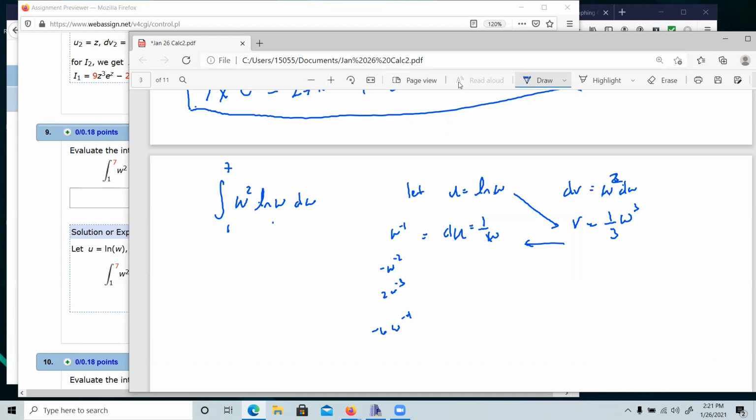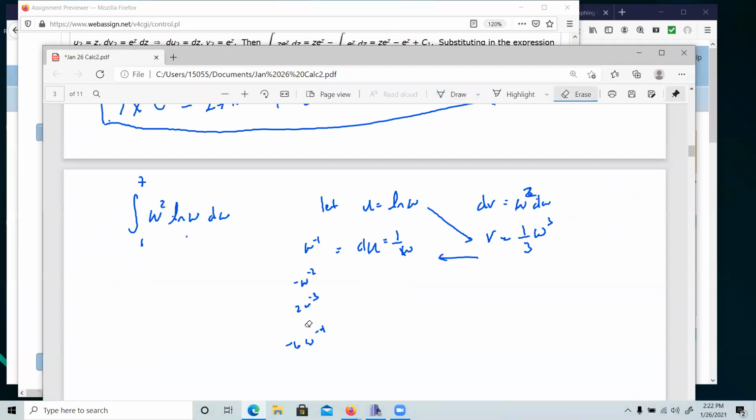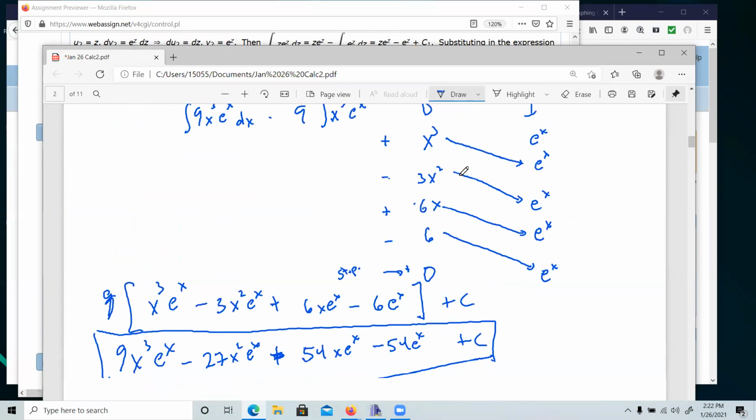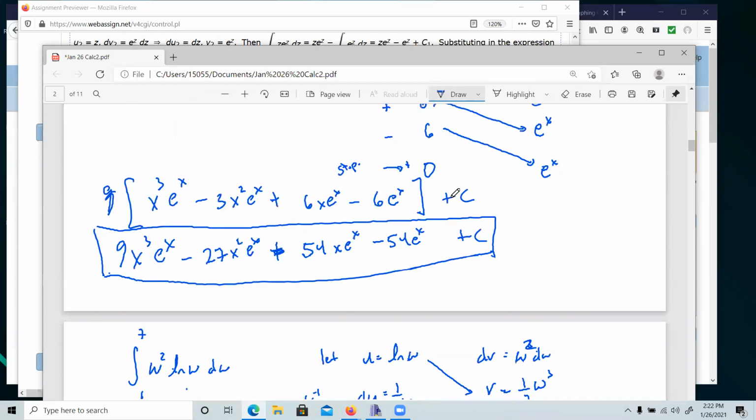So you want to be really careful about what you're doing with all of that. Okay, so be careful about setting up tabular integration when you don't really have the right kind of format to do that in.